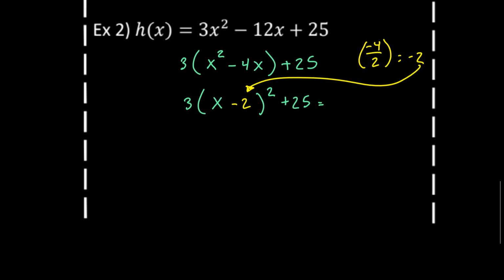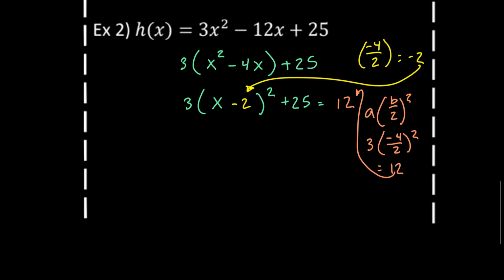So I need to put 12 on this side. Now formally, this is (b divided by 2) squared, but then I also need to multiply by the what? The a value. So here, that's 3, and then we had (negative 4 divided by 2) squared, so that ends up being 12.